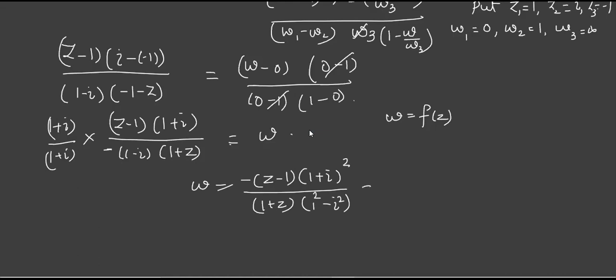I'll take this minus inside to avoid confusion. So if you take a minus inside, it is 1 minus Z. Expand this: 1 square, a square plus b square plus 2ab, divided by 1 plus Z. What is I square?